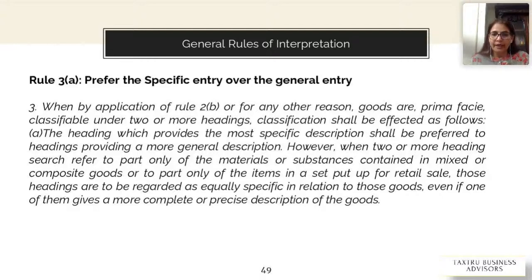However, when two or more headings each refer to part only of the material or substance contained in mixed or composite goods, or to part only of the items in a set put up for retail sale, those headings are to be regarded as equally specific in relation to those goods, even if one of them gives a more complete or precise description of the goods. We will see an example of this in the next slide.